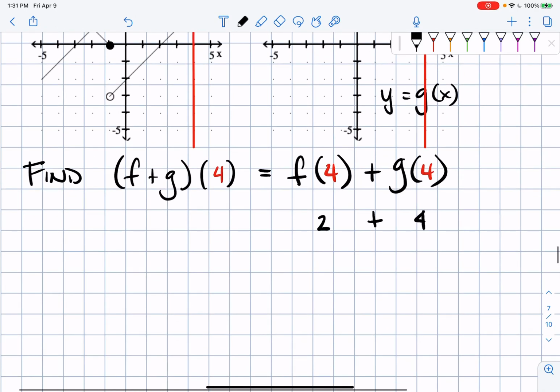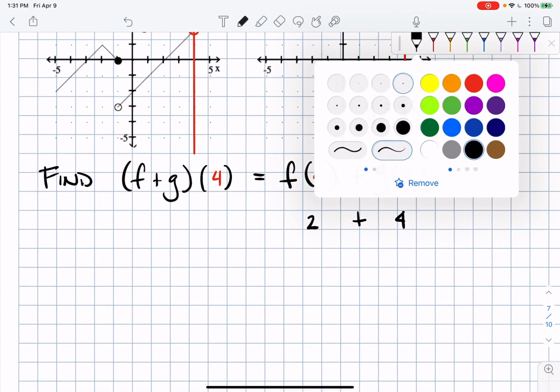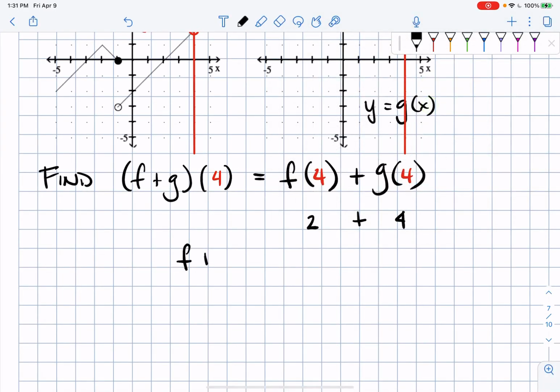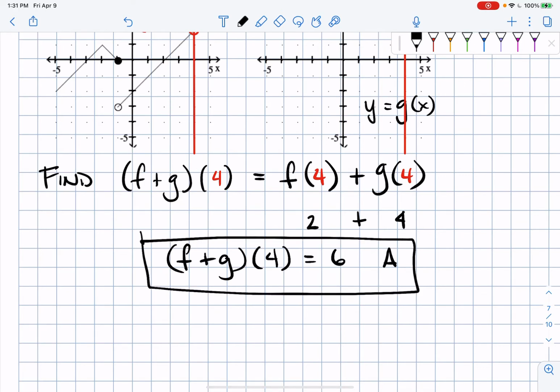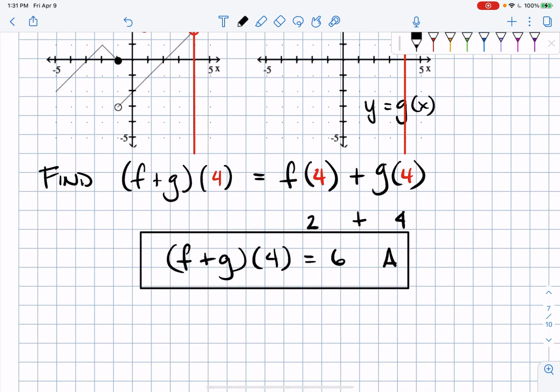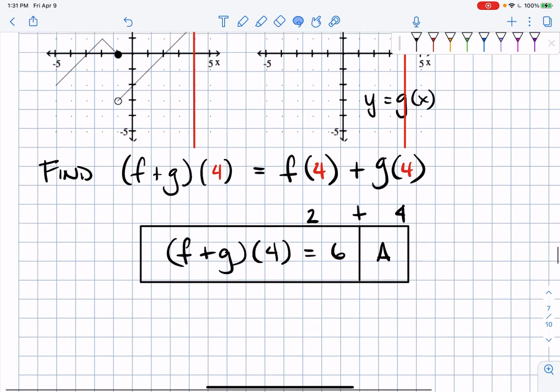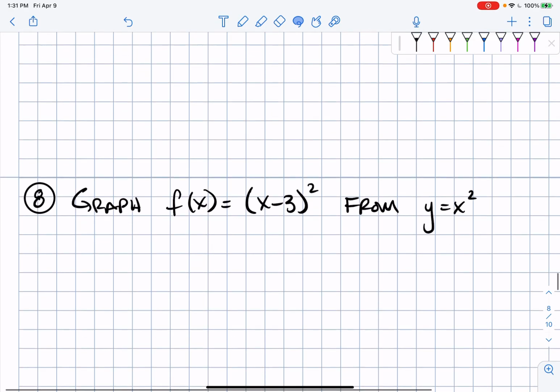Okay, and when I add them together, what do I get? So what I get is f plus g of 4 is going to equal 6. And that is going to be choice A. There we go. Ta-da! All right, on to number 8.